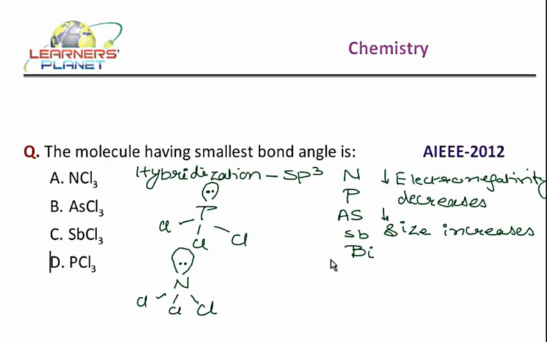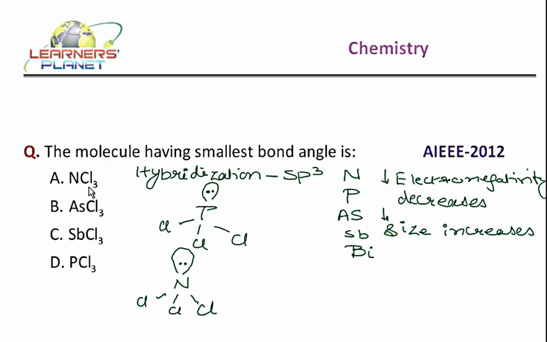Now as we move down the group, what happens? The electronegativity decreases. The lone pair electrons are not very close to the central atom. So the bond angle should also decrease. The repulsion between this lone pair and bond pair will be less, because of the large size the electrons are not concentrated at the central atom. So the bond angle decreases.